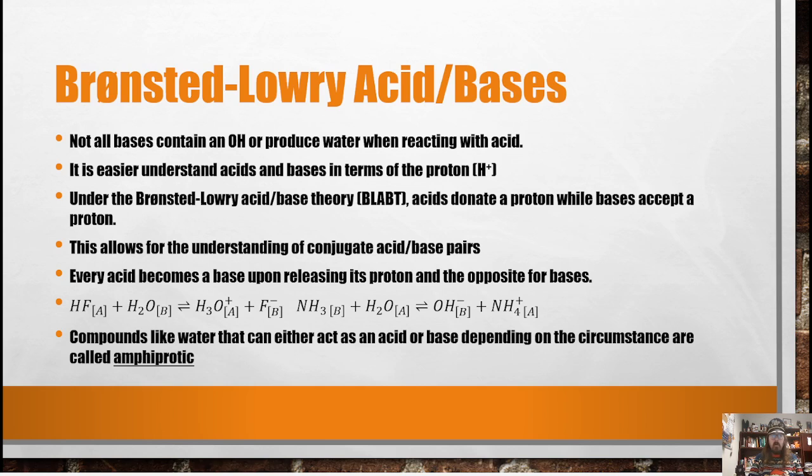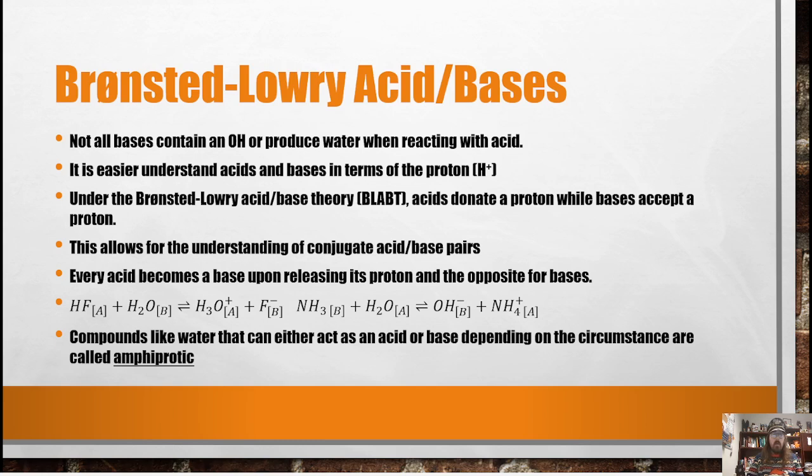So in terms of Bronsted-Lowry, we forget about the hydroxide and now understand acids and bases in terms of how they will react with a proton, or hydronium in this case. Under the Bronsted-Lowry definition, acids are things that will donate a proton, while bases are things that will accept a proton.